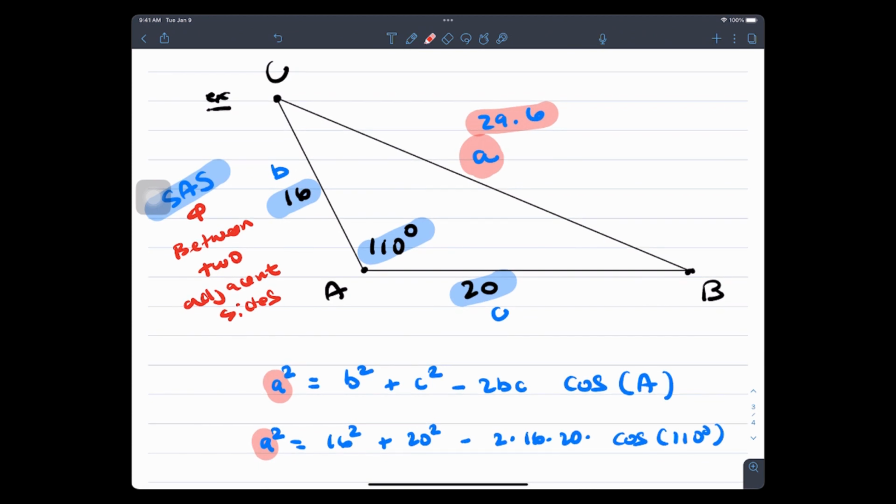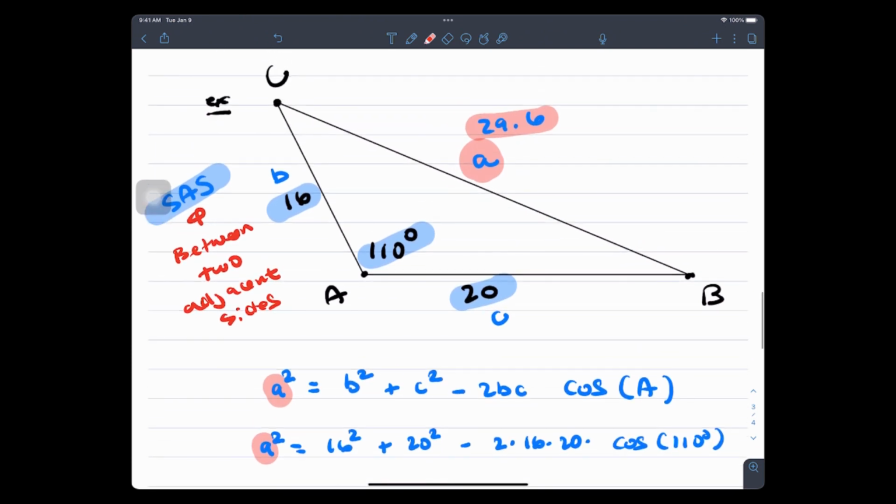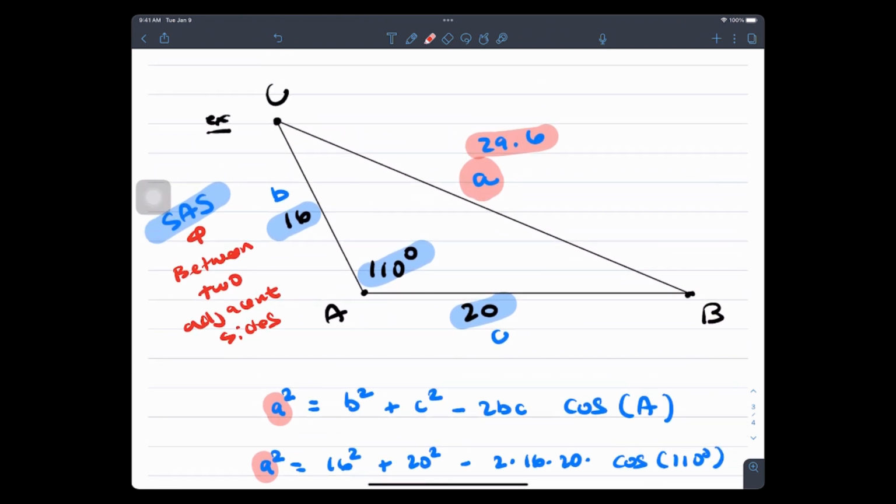Here's what they want us to do. Right? So we found that side, but now you might say, okay, Mr. Judge, you know what they're going to do? They're going to want me to solve the triangle. What does it mean to solve the triangle?